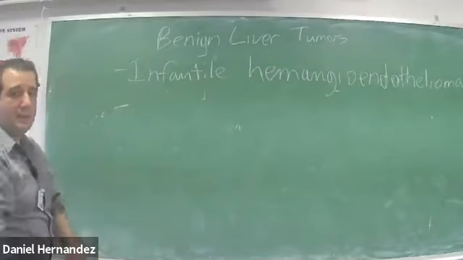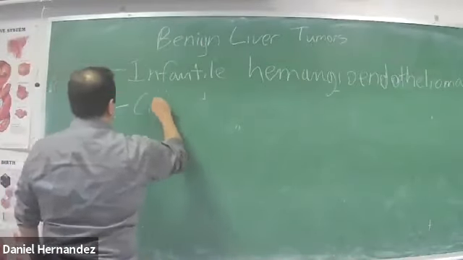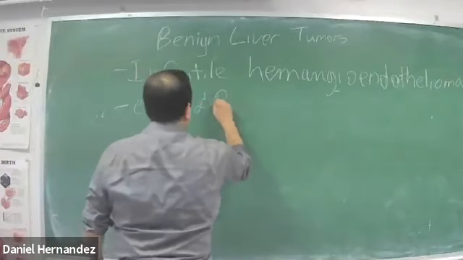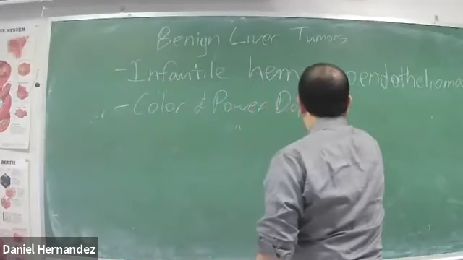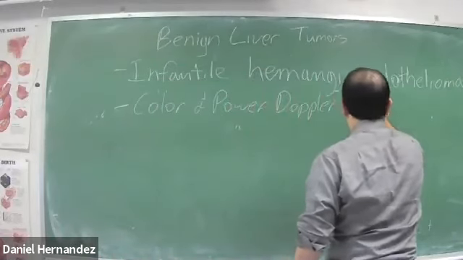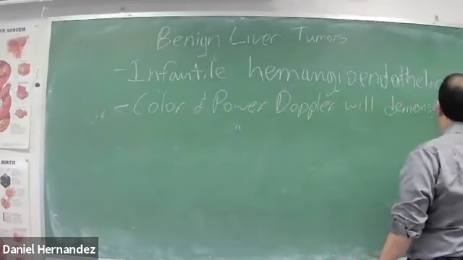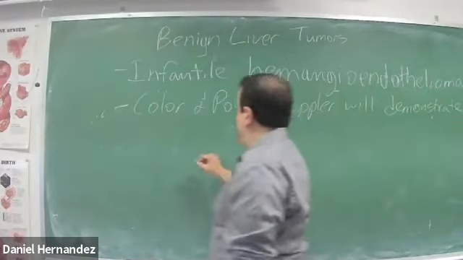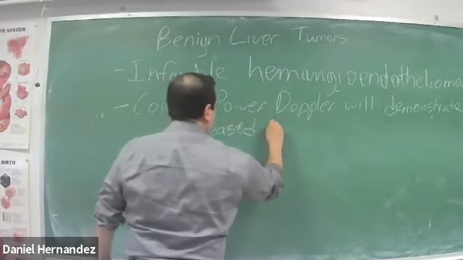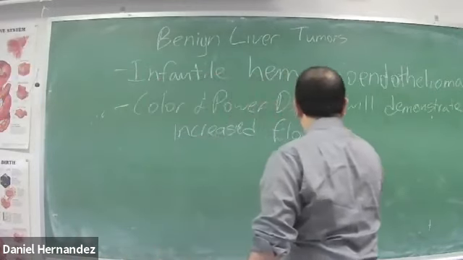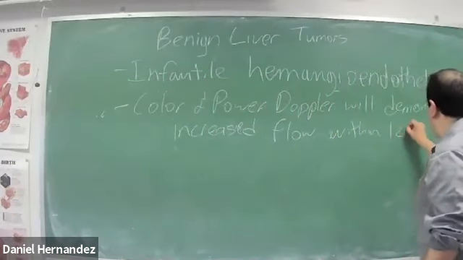So we said these are vascular lesions or vascular tumors. So color and power Doppler will demonstrate flow within the region.